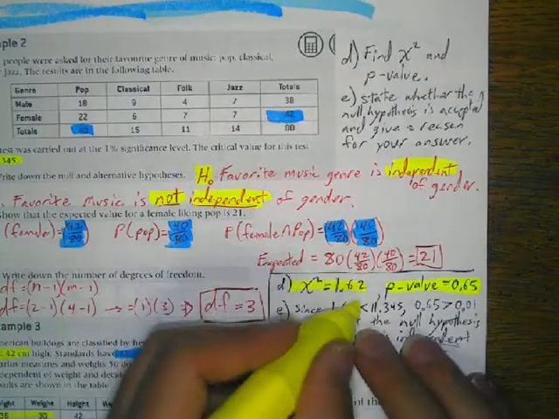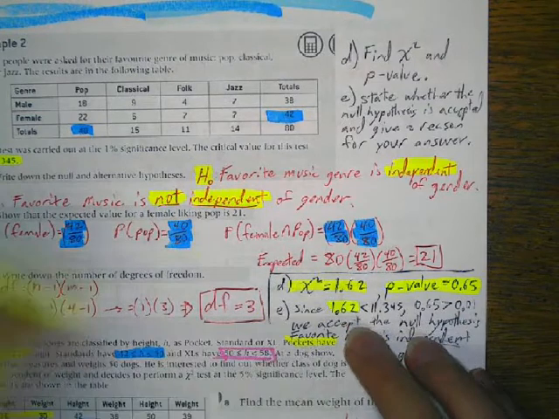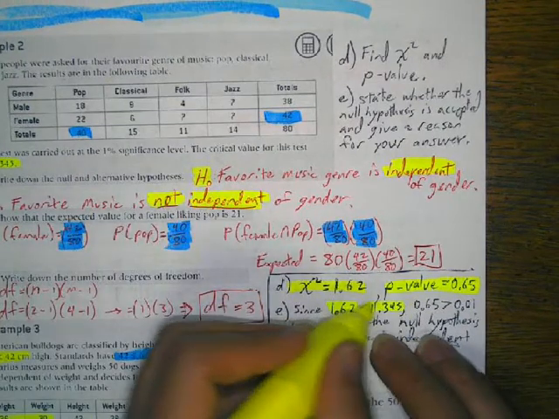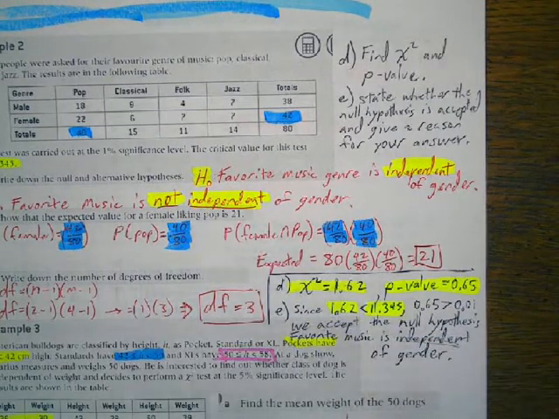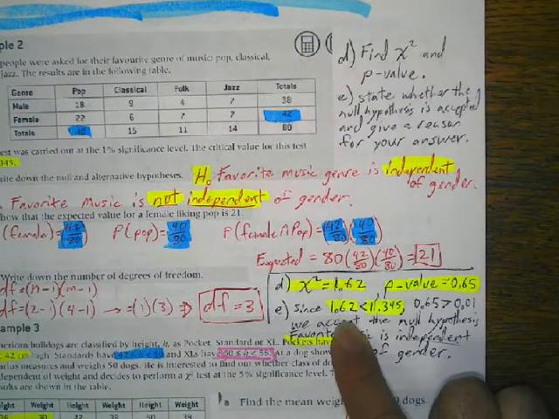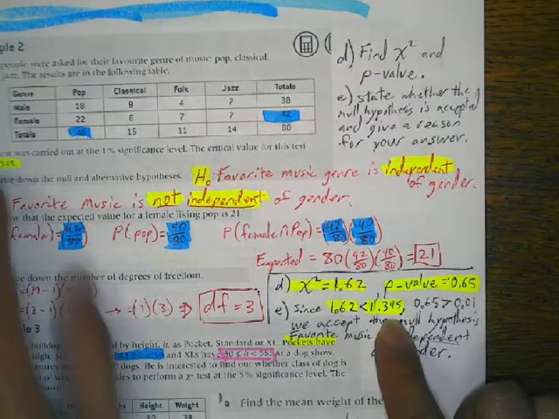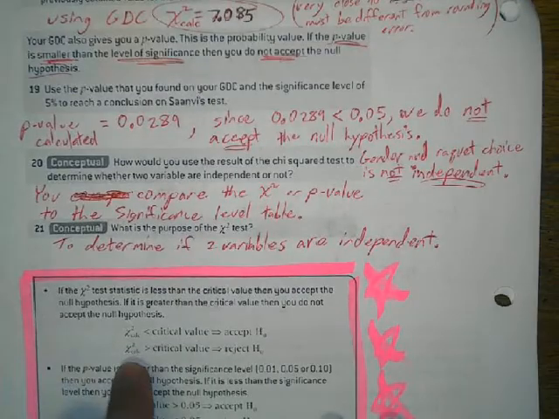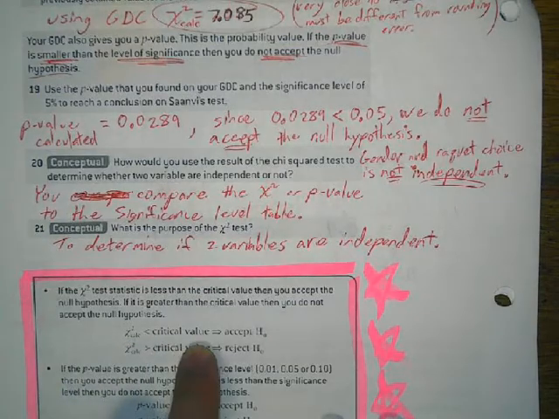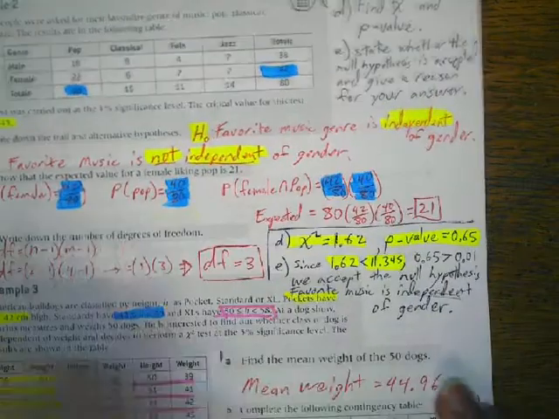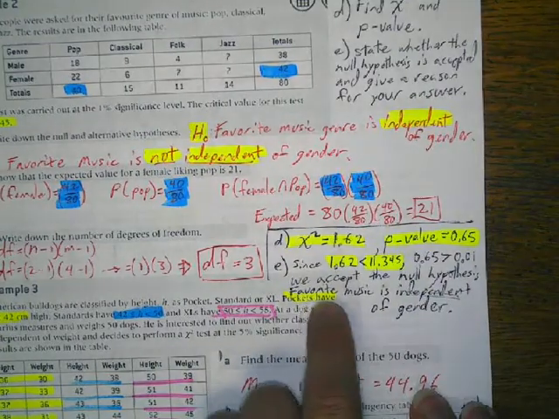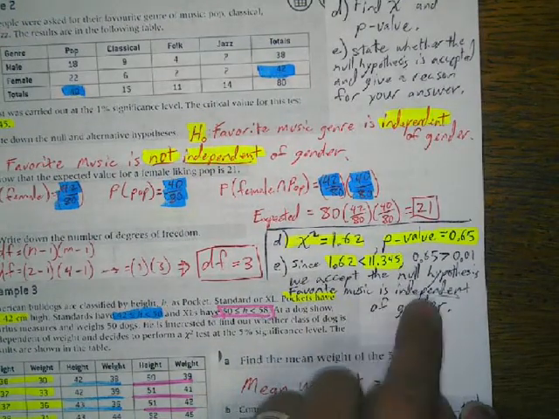If I compare the 1.6 calculated value to the 11.345 value, you can see that the calculated value is less than the critical value from the table, and if my calculated value is less than the critical value, we accept the null hypothesis. So favorite music is independent of gender.